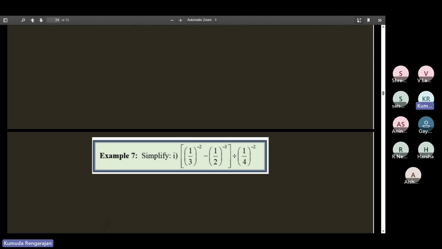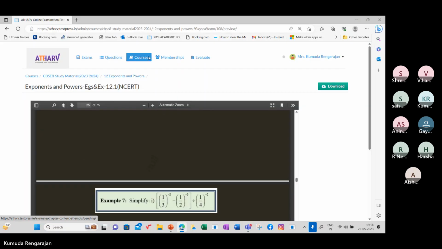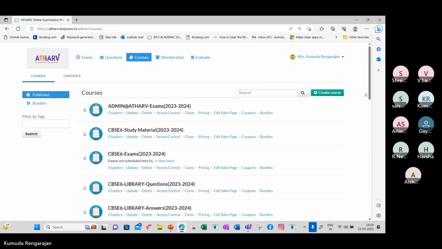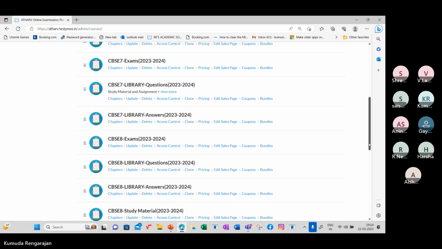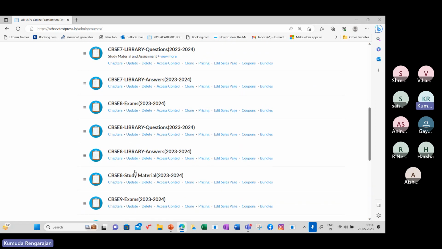Okay. Similarly, you can see the second exercise. Yeah, study material.